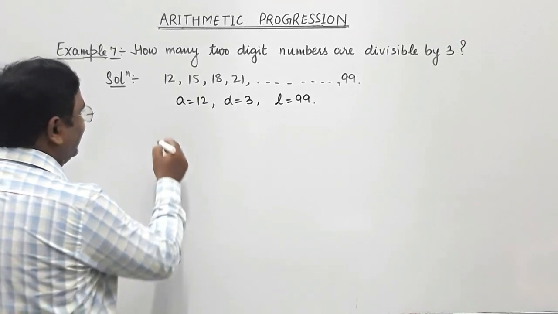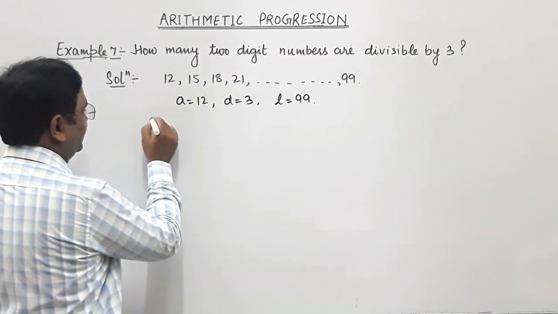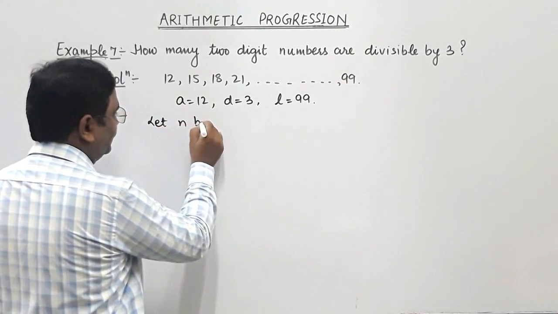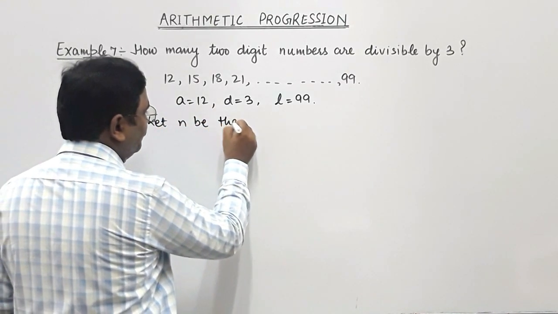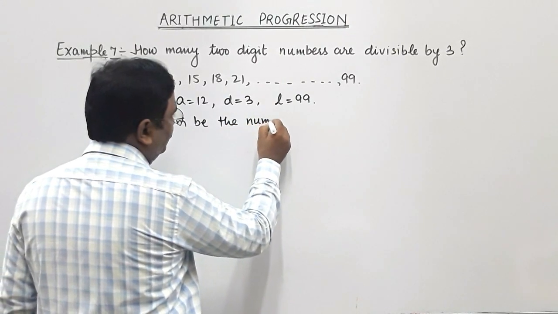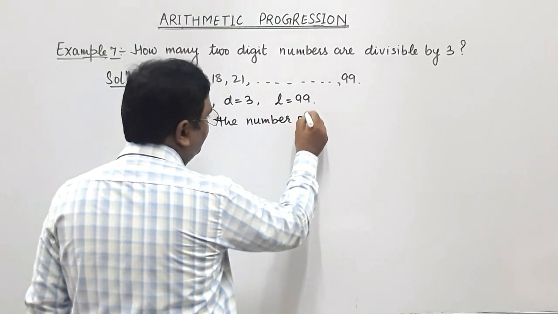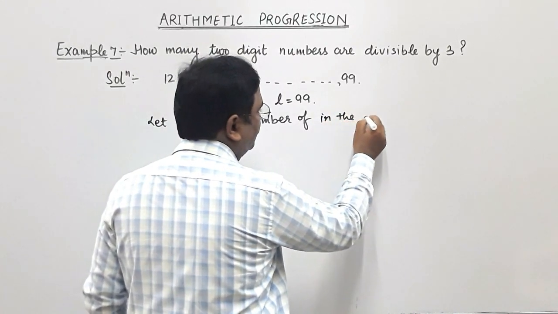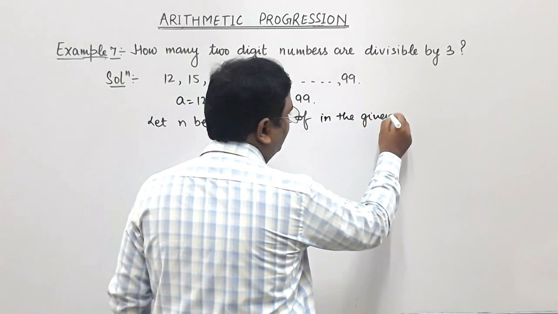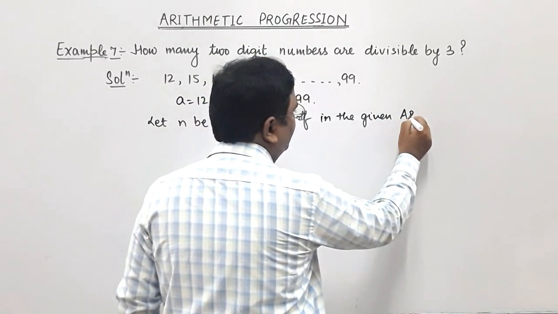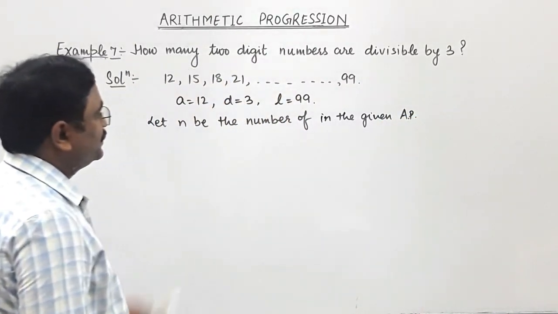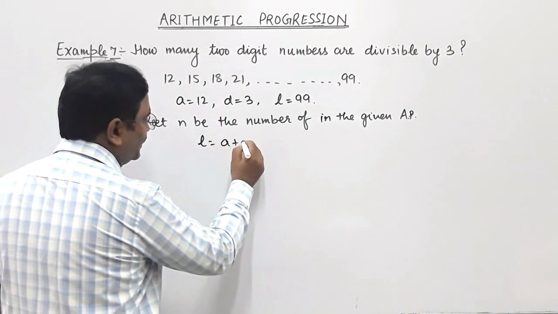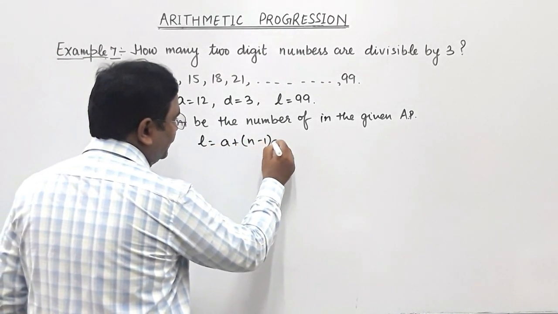Let n be the number of terms in the given AP. As you have read the formula, l equals a plus (n minus 1) into d.